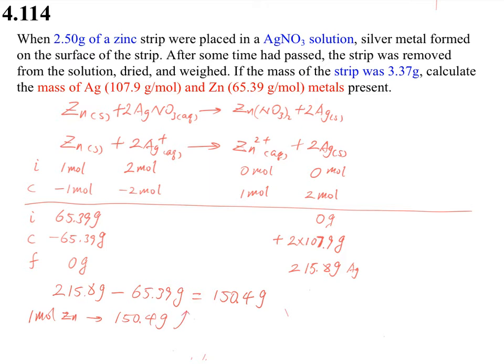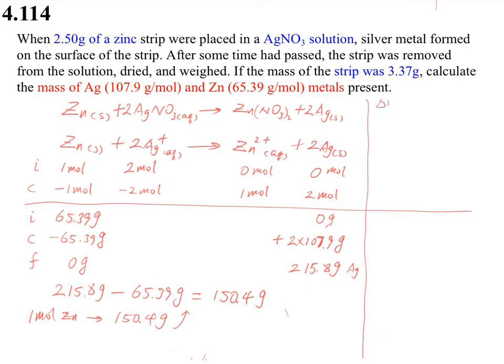Okay, now what's the mass increase in this case? The initial mass is 2.50 gram of zinc, and it goes to 3.37 gram.